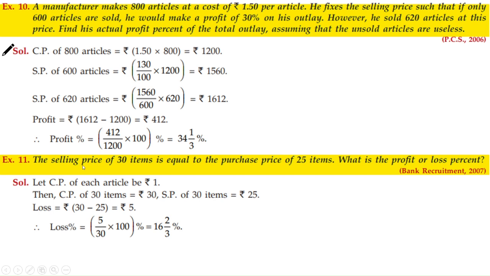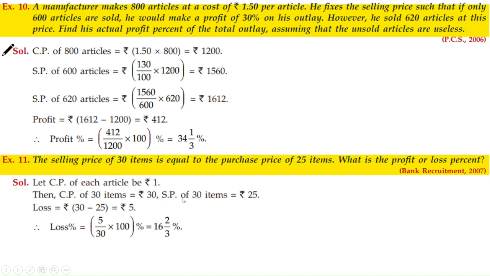The selling price of 30 items is equal to the purchase price of 25 items. What is the profit or loss percent? Let cost price of each article be rupees 1. Then cost price of 30 items equal to 30 rupees.